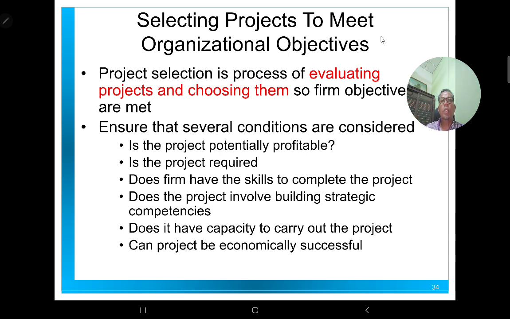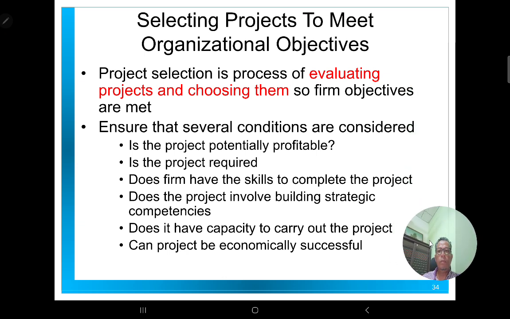So selecting projects to meet organization objectives, as mentioned earlier, is very important. Project selection is a process of evaluating projects and choosing them so firm objectives are met, and also to ensure that several conditions are considered when you start to identify a project.